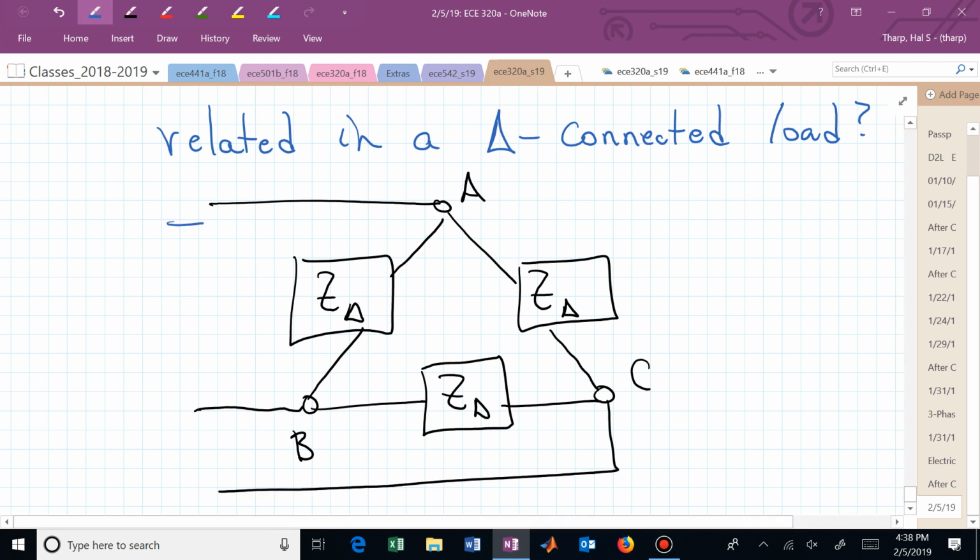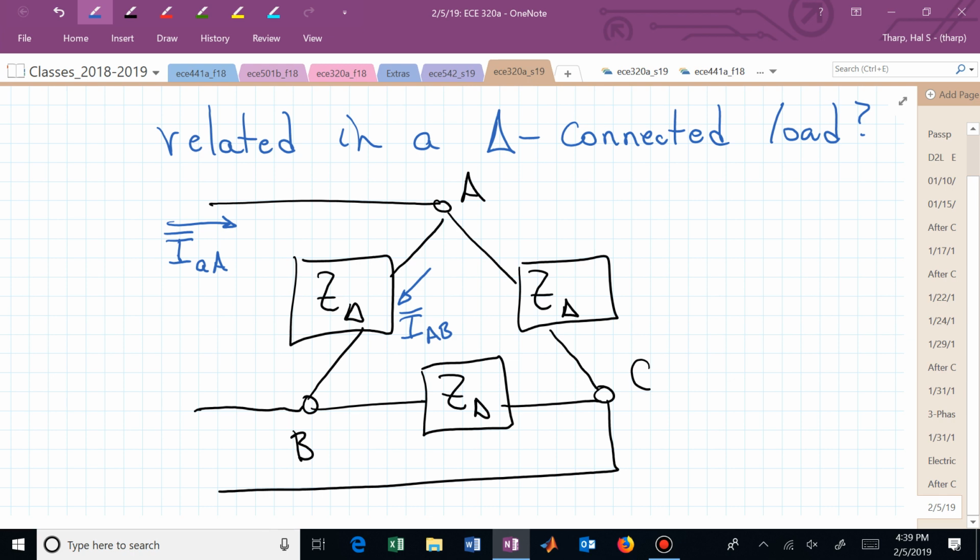Here's my line current in the A phase, I sub AA. Where's my phase current in the A phase of the load? It's this current, which is I sub AB, passing through the A phase load impedance. That's the phase current for this delta connected load.